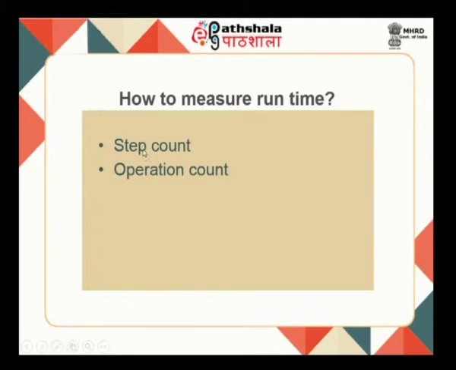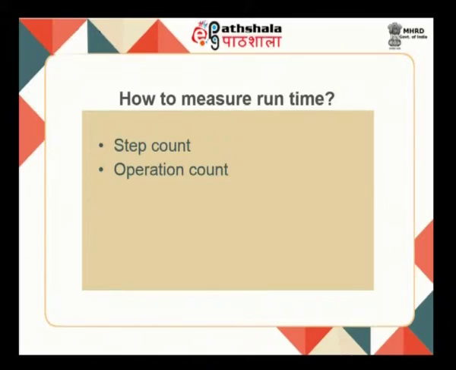So now we will look at how to analyze the given algorithms. There are two ways of doing that. One is called step count and another is called operation count. Both represent two schools of thought.